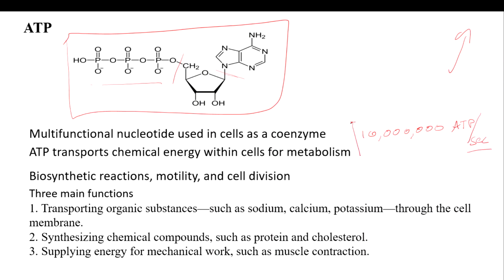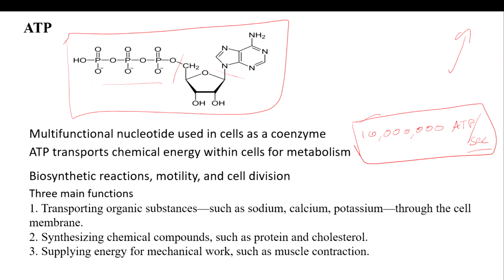We have millions and millions of cells in our body, and in one cell, 10 million ATPs are utilized per second. So imagine how many ATPs are produced and consumed in our body.